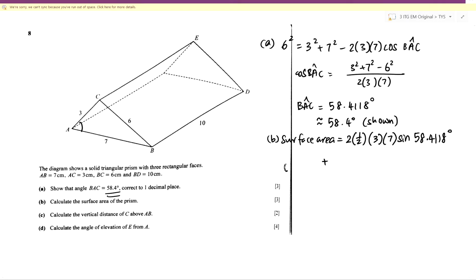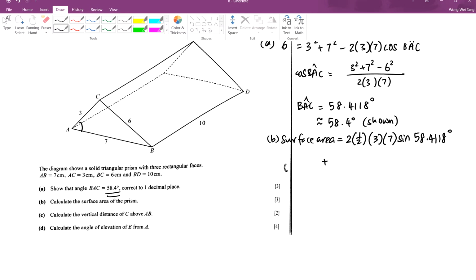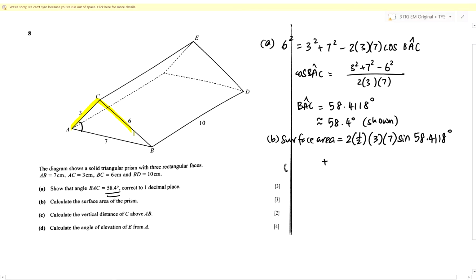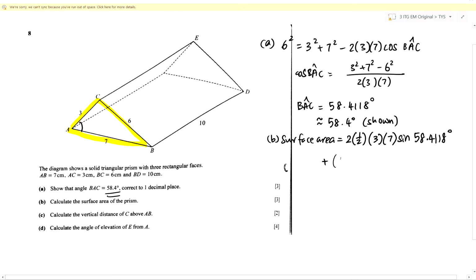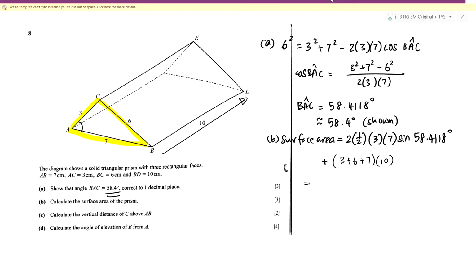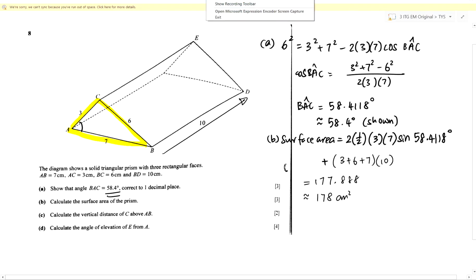We do so by identifying the perimeter of the cross-sectional area. So that will be 3 plus 6 plus 7, and we're going to multiply it by 10. So that gives us the answer of 178 square centimeters to 3 SF.